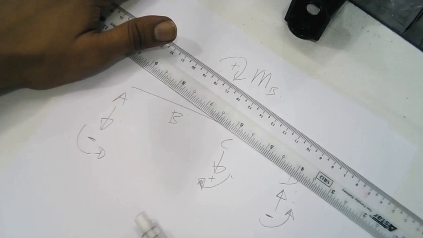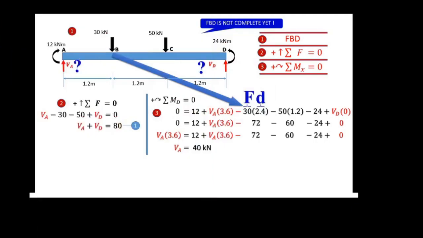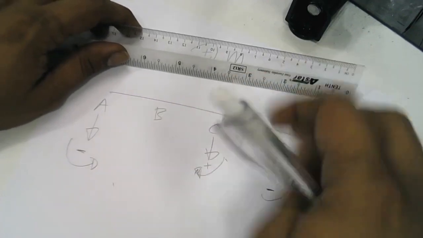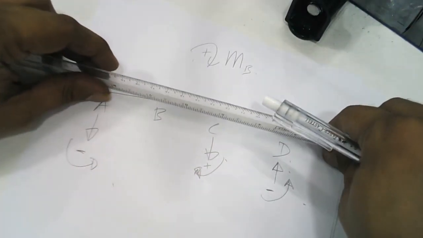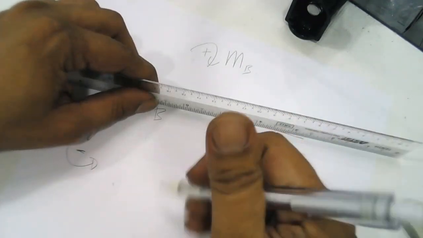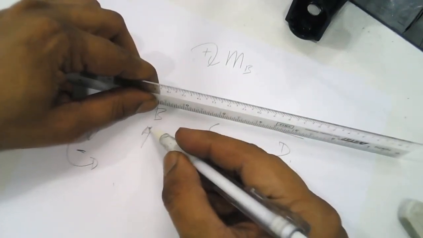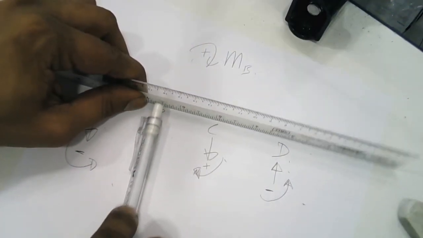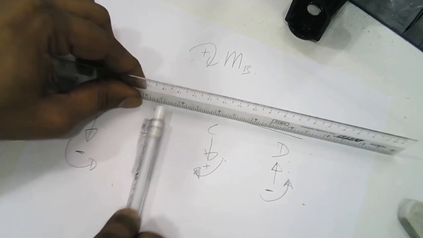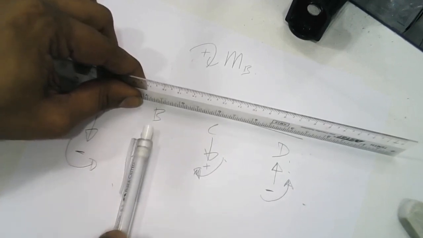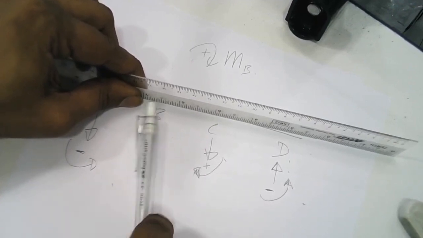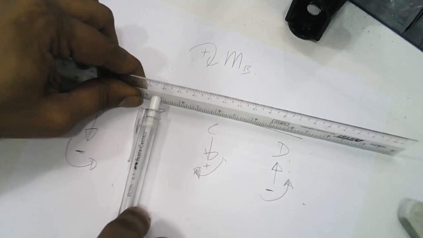Alright, back to our PowerPoint. Sorry, we have to go back to the beam again because I forgot to share what happens if there is a force at the point B. If there is an upward concentrated force at the point B, what happens to the beam? Nothing happens to the beam because the moment is zero.